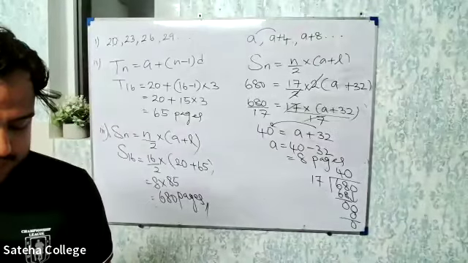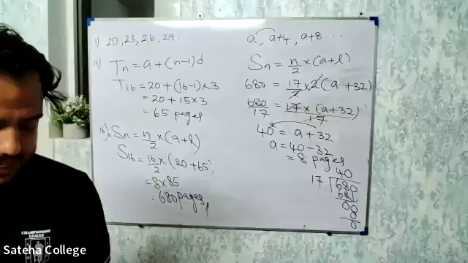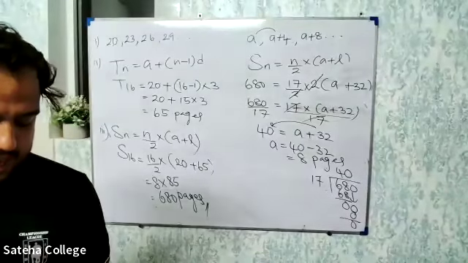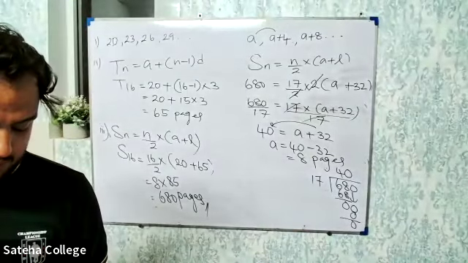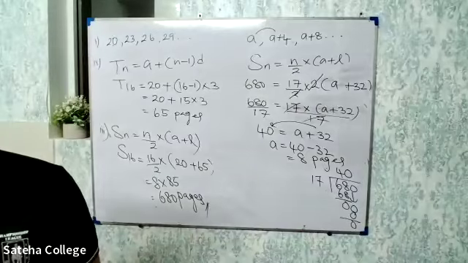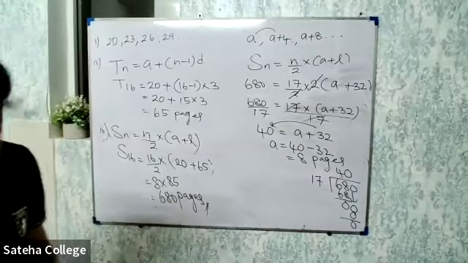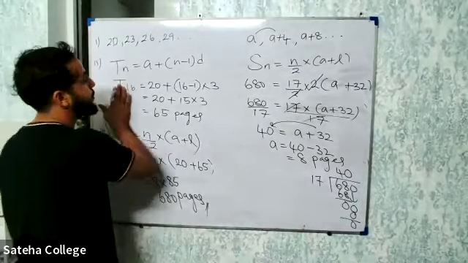If two of them started reading the novel on the same day, on which day do they read the same number of pages? Look at the board, I'll give you a logical approach to this.